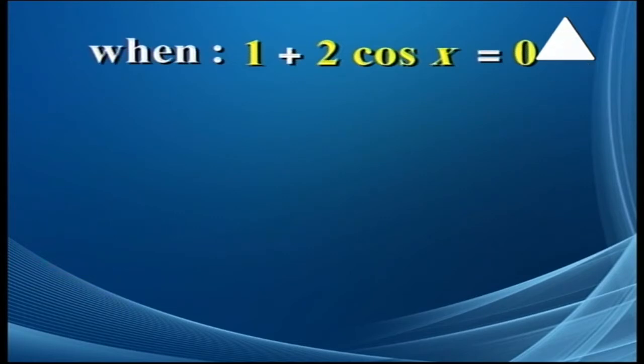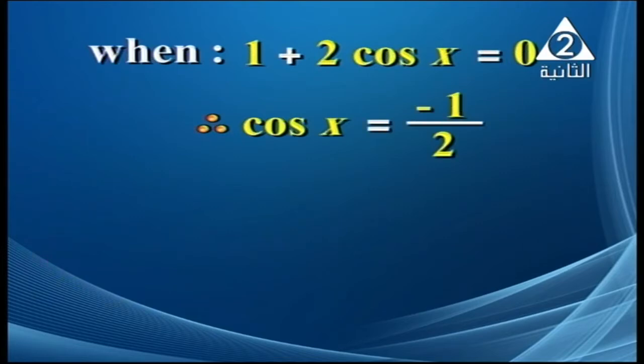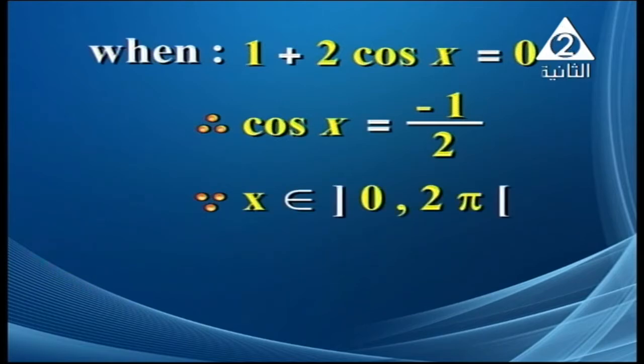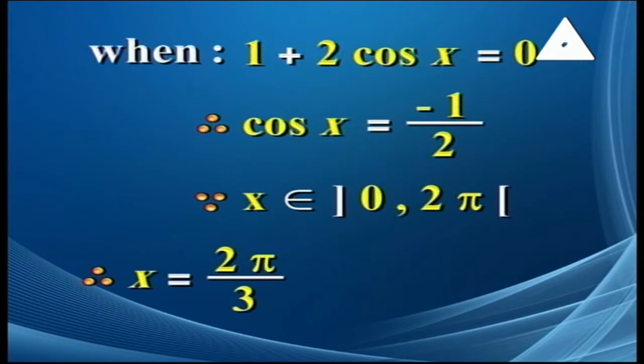To find the value of x, my dear student, cosine x equals negative 1 over 2. What is the value of x? By using the calculator, x equals 2π over 3, which equals 120 degrees.